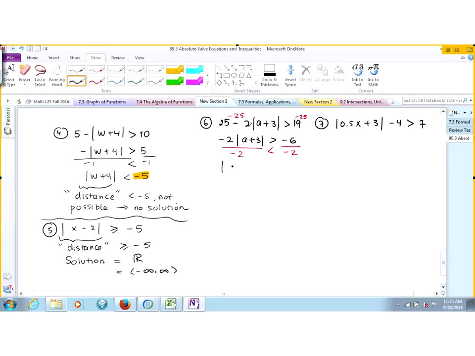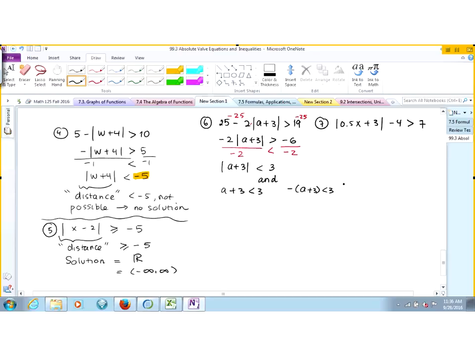You guys follow so far? Yeah. So what is this? The absolute value of a plus 3 is less than 3. And or? Why or? This is a middle. So a plus 3 and negative of a plus 3, less than 3.